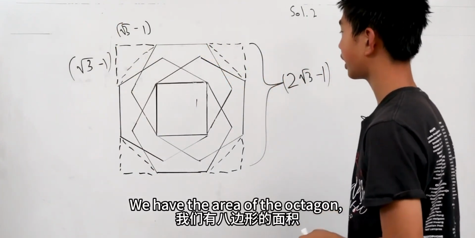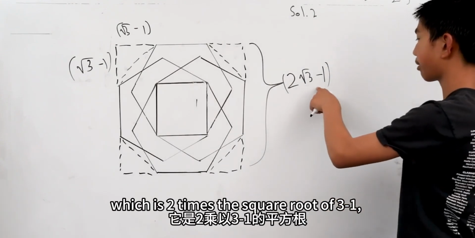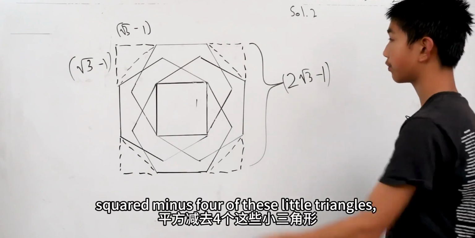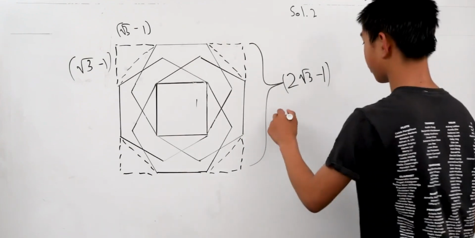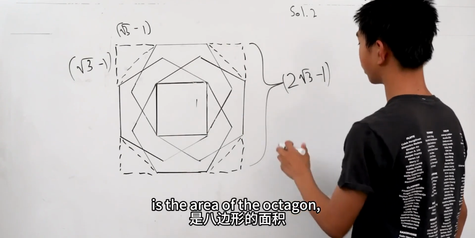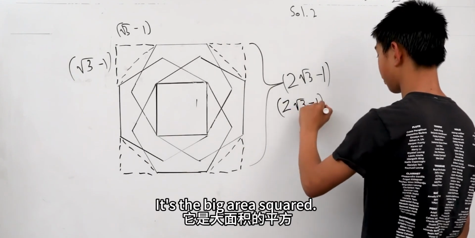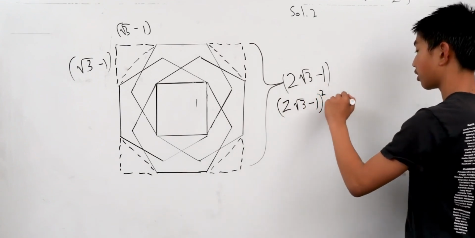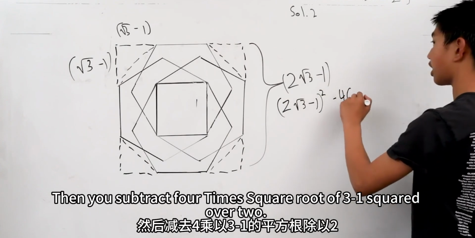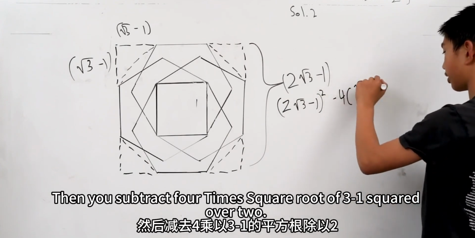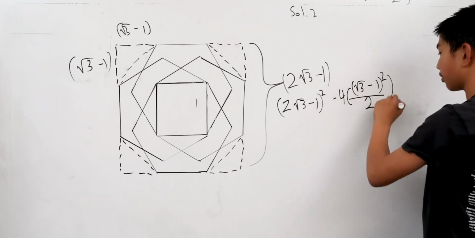So the area of the octagon is 2 times the square root of 3 minus 1, squared, minus 4 of these little triangles. So 2 times the square root of 3 minus 1 is the big area, squared. And then you subtract 4 times (the square root of 3 minus 1) squared over 2.